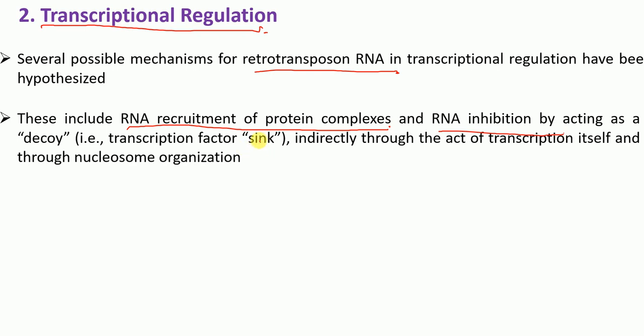So basically these transposons act as a transcription factor sink indirectly through the act of transcription itself and also through nucleosome organization. Okay, so there are several mechanisms by which these transposable elements play a significant role in transcriptional regulation. One is acting as a transcription factor sink indirectly and also through nucleosome organization.